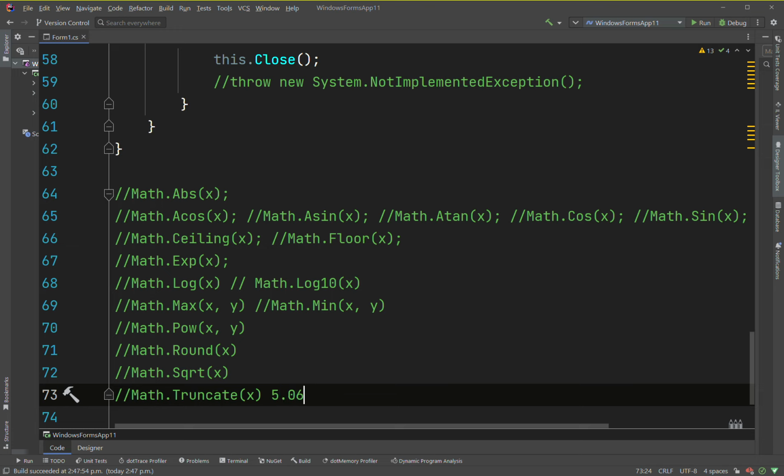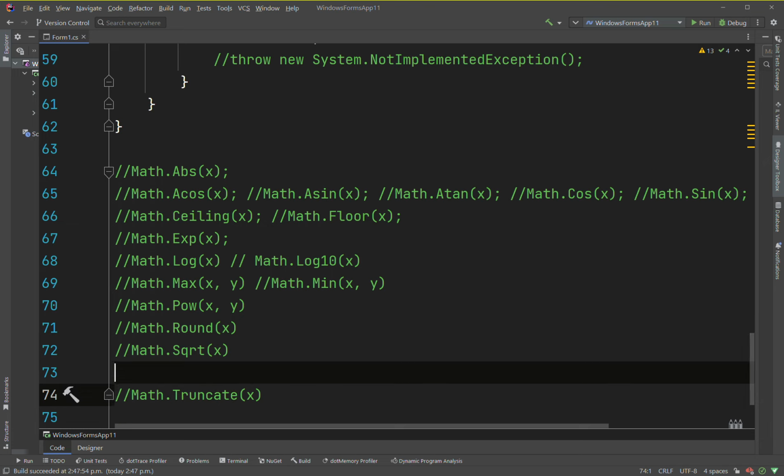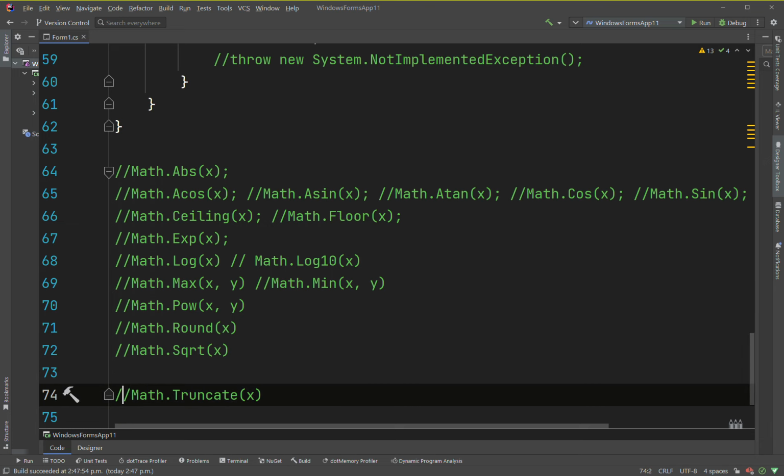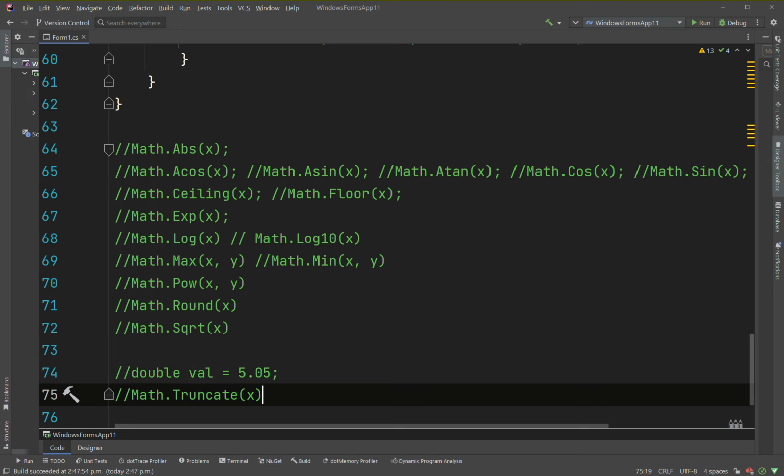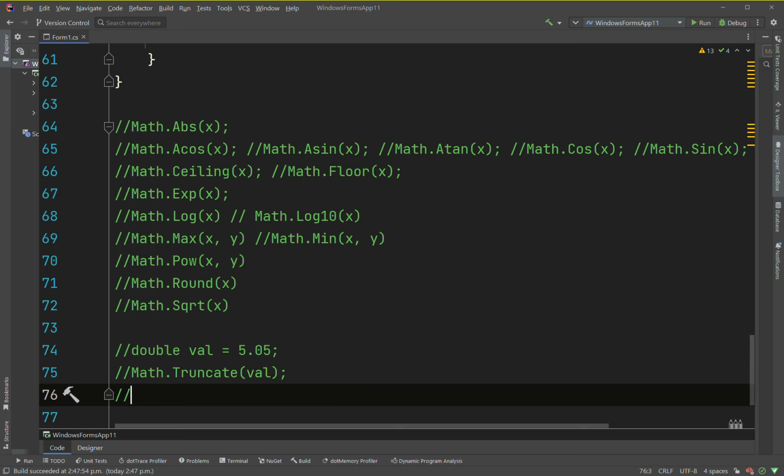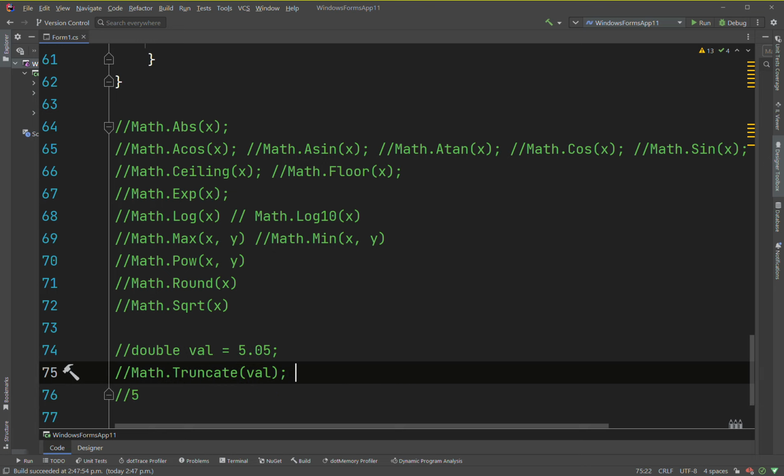So once again, if we have Math.Truncate, let's just say we have double val equals 5.05. We say Math.Truncate val, then the output should be 5, because I believe truncate means remove the fractional part.